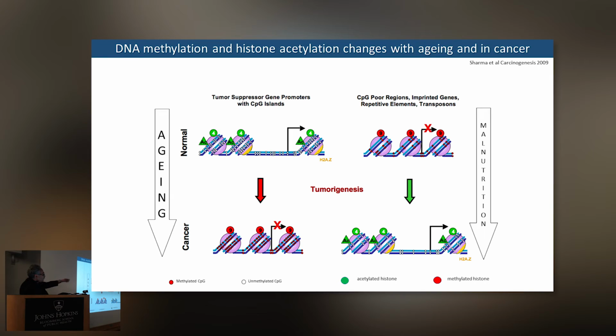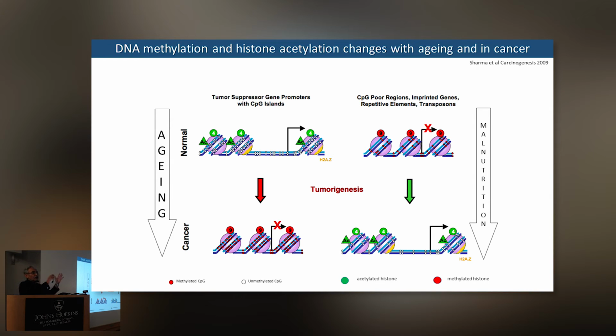So generally, what you see with aging is you get an increase in global hypomethylation because most of the DNA is these kinds of elements rather than the protein coding elements. So you get hypomethylation here, and you get hypermethylation in the protein coding genes.